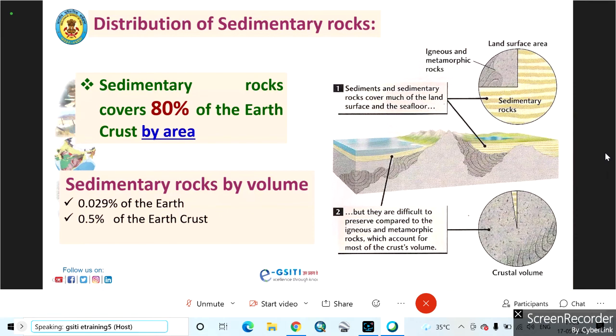Why? Because sedimentary rock preservation is very difficult as compared to the igneous and metamorphic rocks.